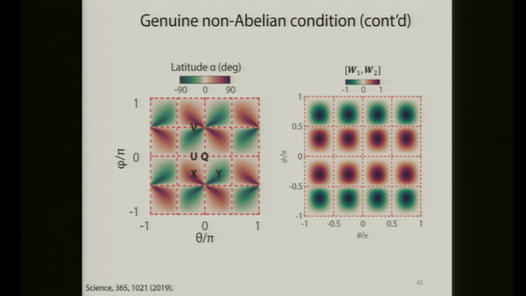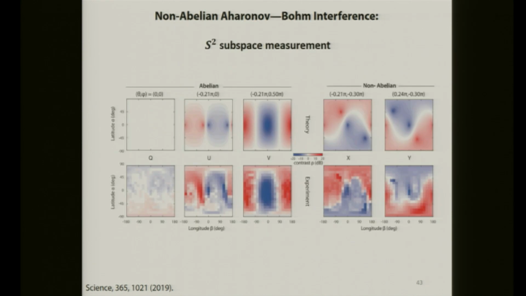We can compare the latitude of the Poisson zero versus the commutativity of the loop operator, and we find there's a one-to-one correspondence between the genuine non-Abelian condition and an off-equator zero or pole. So that's something we will want to look at.